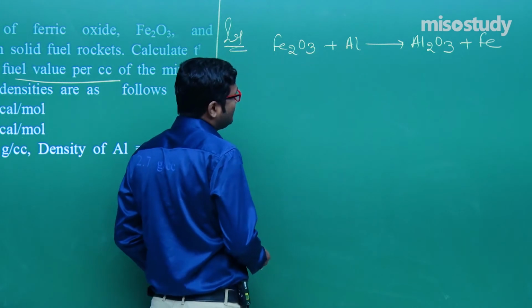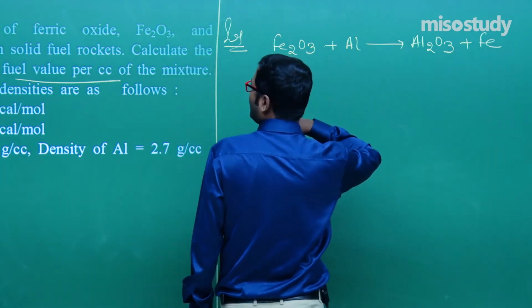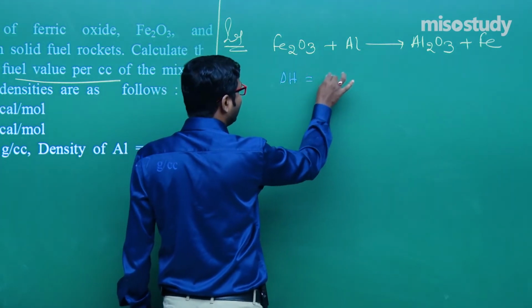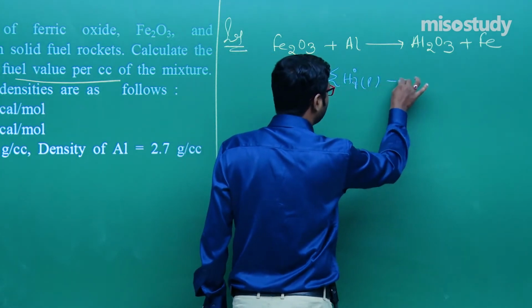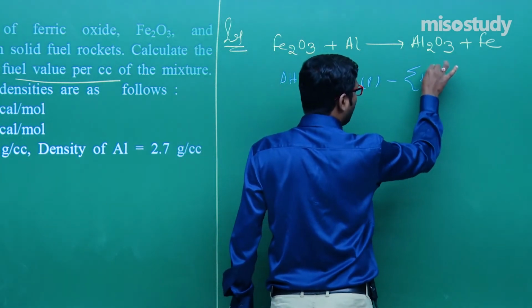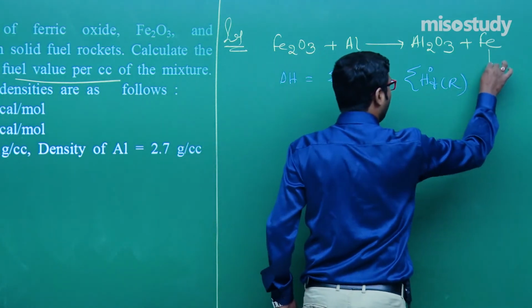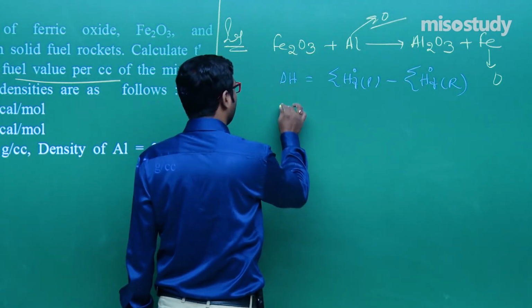Now, what is given in this question? We have to find the fuel value per gram. What is the value of delta H? That is the summation of heat of formation of products minus the summation of heat of formation of reactants. This is the standard form, so the heat of formation is taken as 0 for the elements Al and Fe.